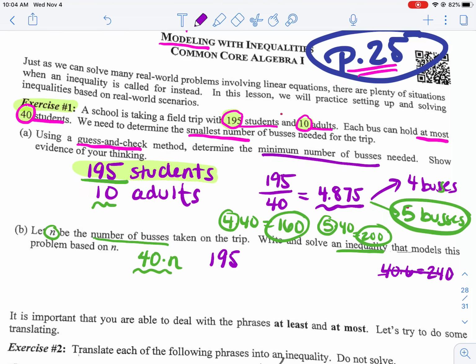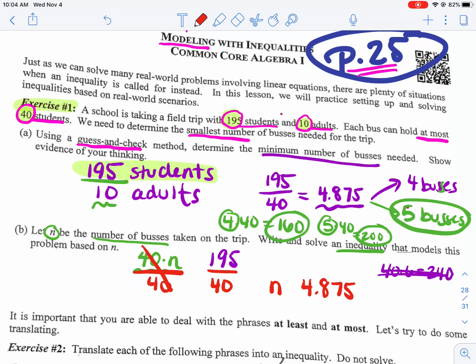That'd be too many, right? So we want something greater than or equal to 195. If I divide by 40, we get N is greater than or equal to 4.875. Oh, guys, actually, I'm sorry.